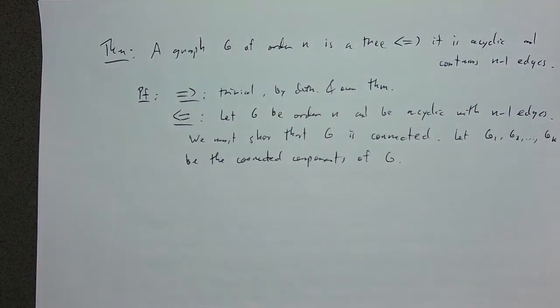Now, here's the thing. If we want to show it's connected, we want to show that there's not k connected components. There's just one. So we want to show that basically G1 is the only one that exists.